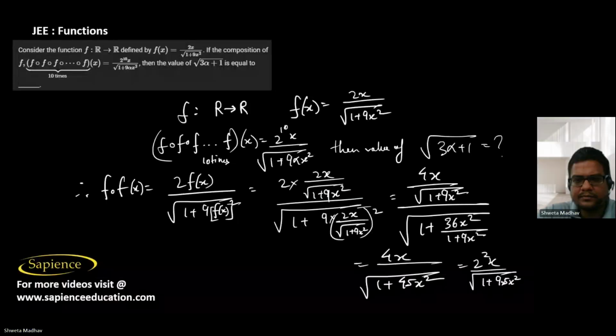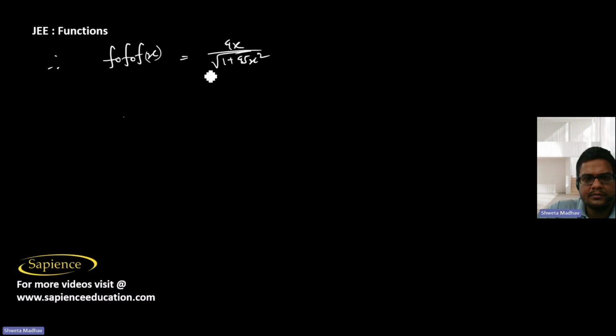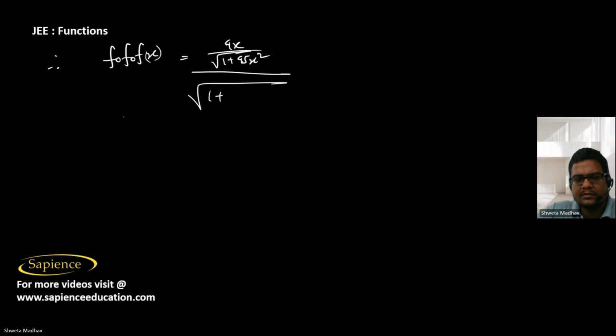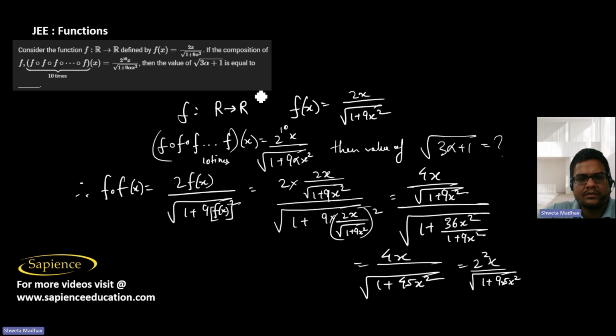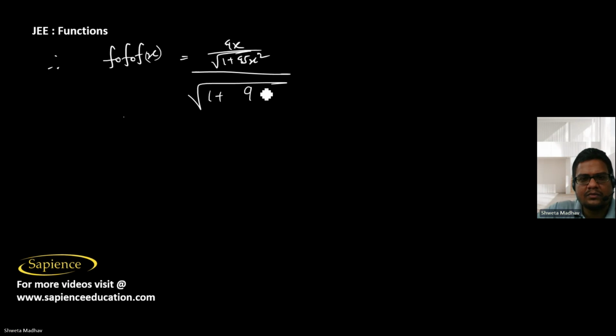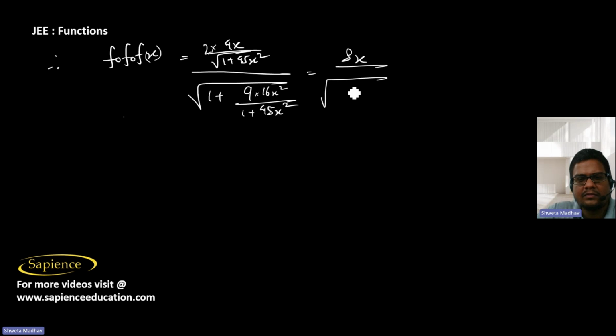So here it will be 1 plus 9 into 16x square divided by 1 plus 45x square. So this will be 2x, so this will be 2 into this. This will be 8x divided by square root of 1 plus 45 plus 16 into 9.